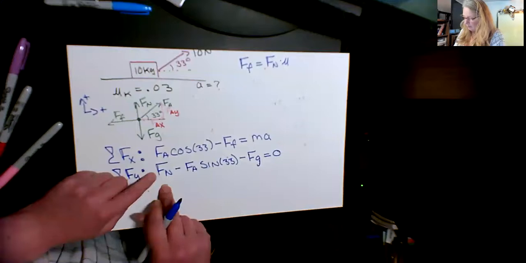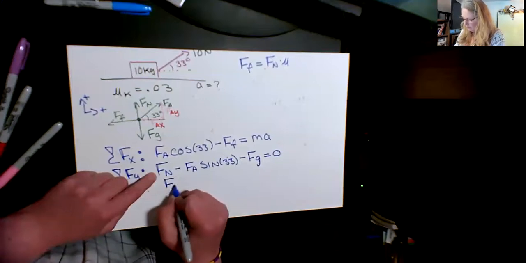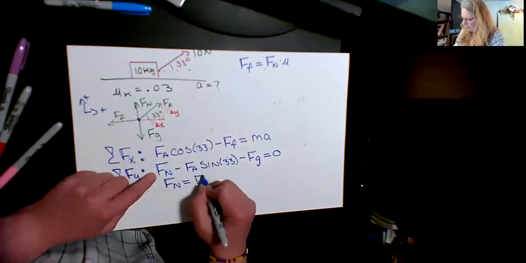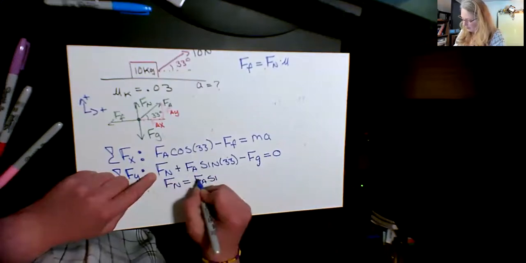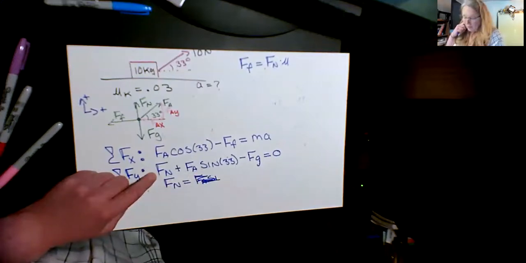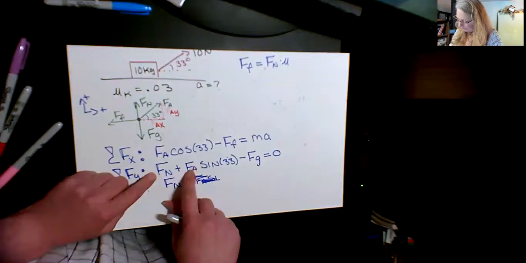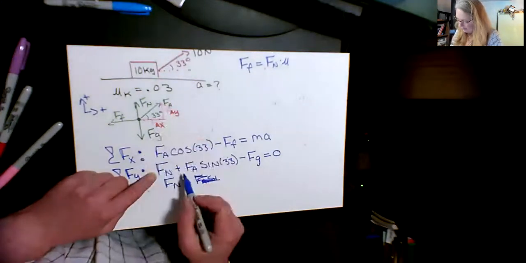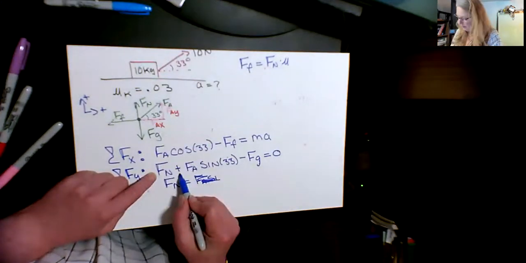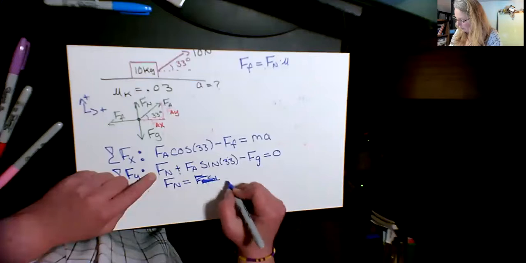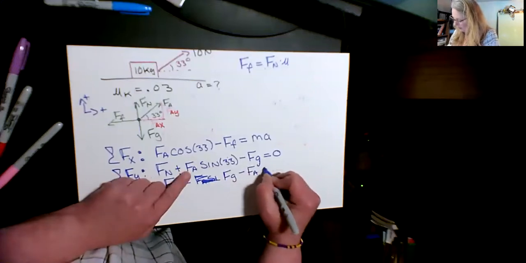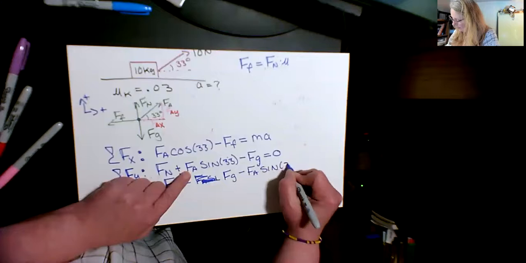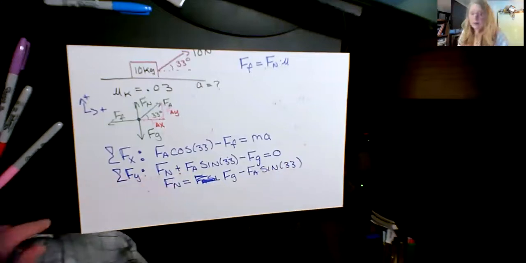So what does this mean? This means that I can now solve for my force normal. So my force normal is going to equal my force applied sine, whoops, I made that plus. Let me go back to why that's a mistake. This force applied is in the positive direction. That should have been positive. So it becomes force of gravity minus the force applied, sine 33. Now let's see why I caught on to that as being a mistake.